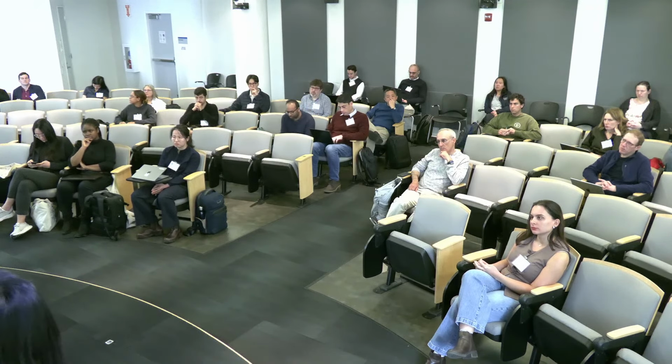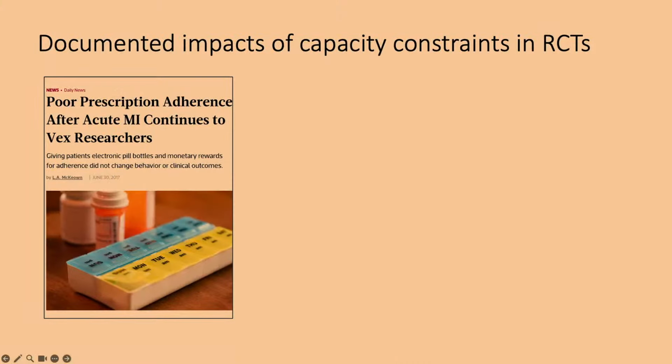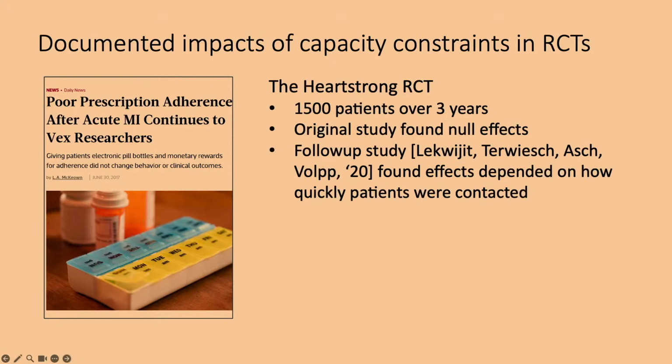So there is some preliminary empirical evidence that this is a problem right now. Coming out of the study from Penn, they looked at a very similar patient medication adherence structure, very similar to this Kahila setting. Here they gave heart attack patients these electronic pill bottles.